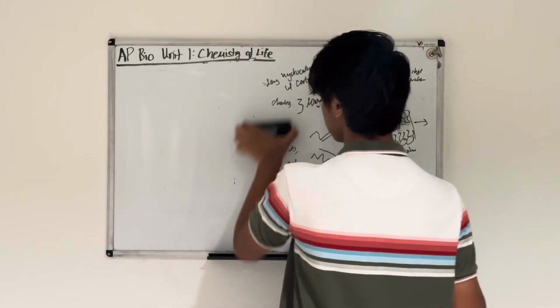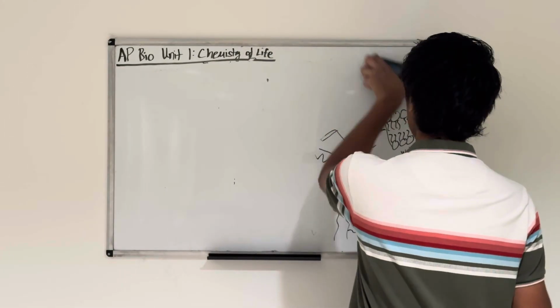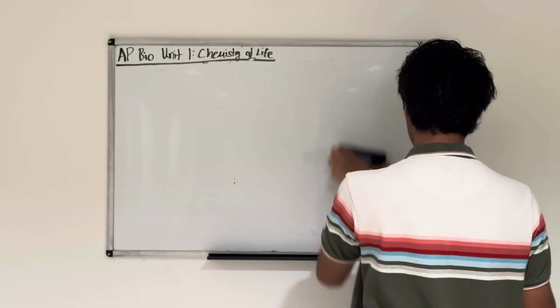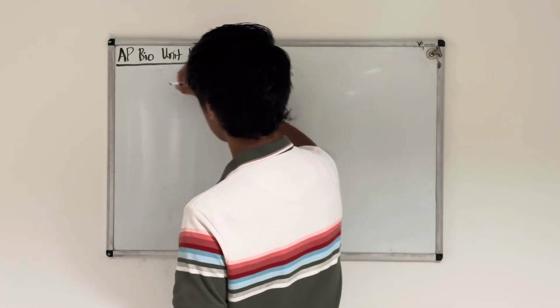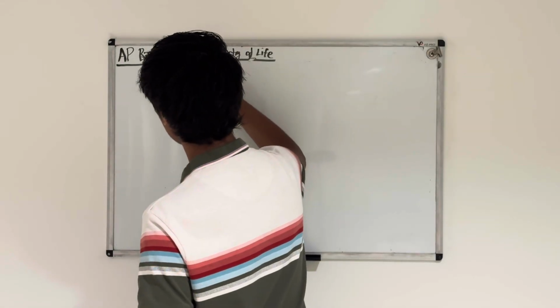Next, let's go into nucleic acids. Nucleic acids are polymers, and their monomers are called nucleotides. So nucleic acids are made of nucleotide monomers.